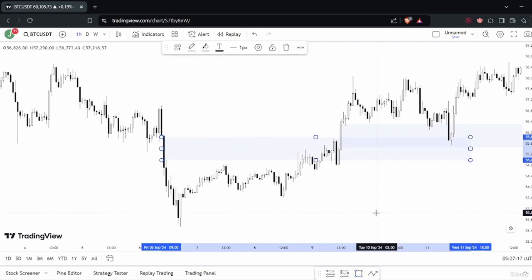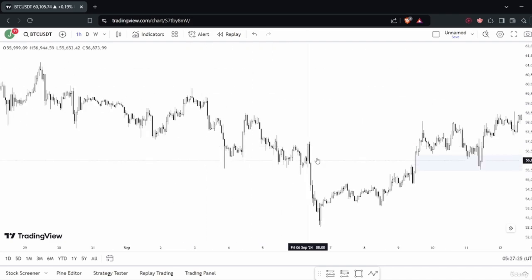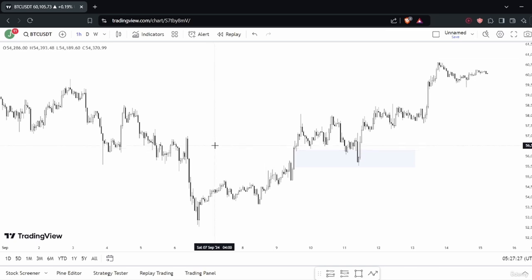Okay. Now, with that being said, okay, what are we looking for? So a fair value gap, which we're looking for, is showing us real displacement. When I mean displacement, I mean impulses, big impulses.